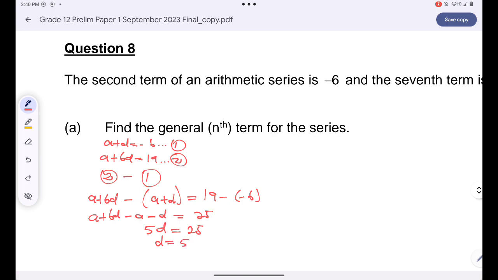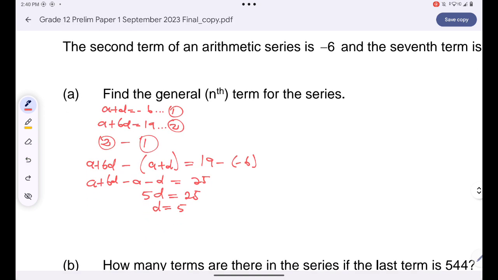After finding the value of d, I can go to the first equation to find the value of a. So therefore, the first equation will simply say a plus d, which is equal to 5, and then on the right hand side, I still have my -6. Therefore, the value of a is just equal to -11.